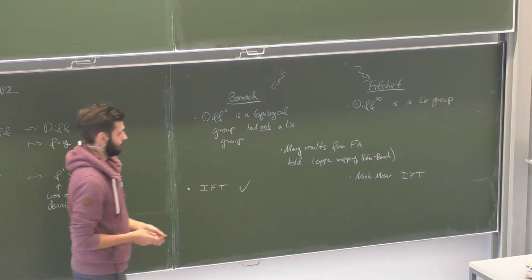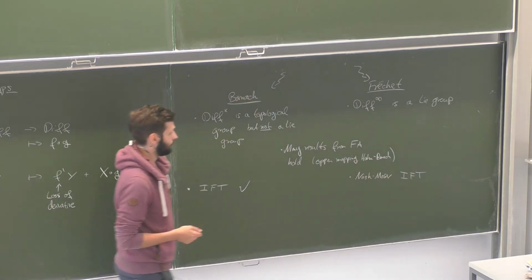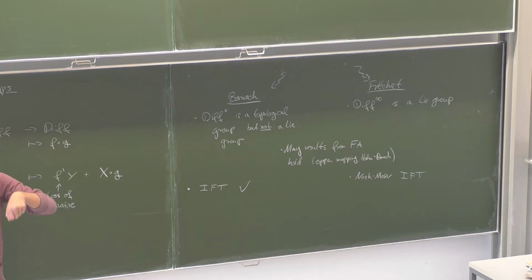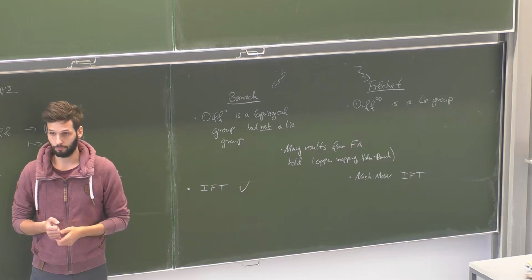So the Nash-Moser inverse function theorem is way more complicated. One of the problems is, for example, that you don't need only the derivative at one point, but you need the derivative in some neighborhood. And that's usually hard to estimate, or hard to calculate even for the geometric part.